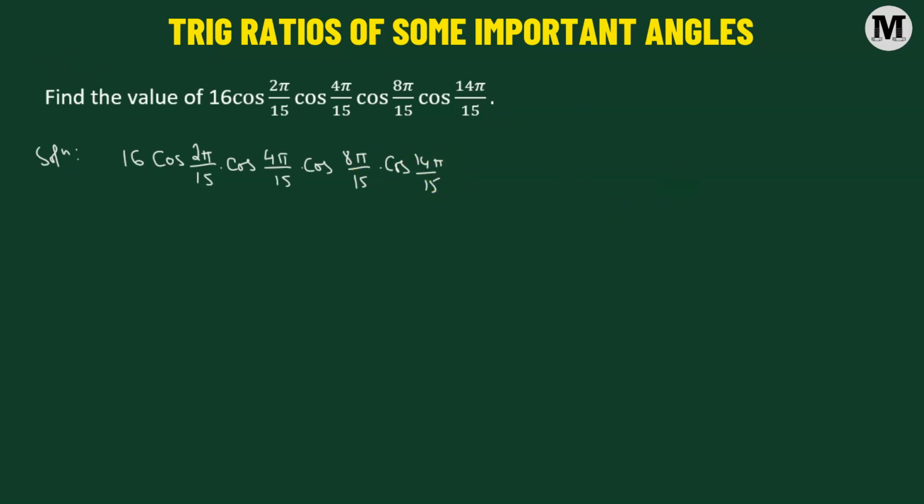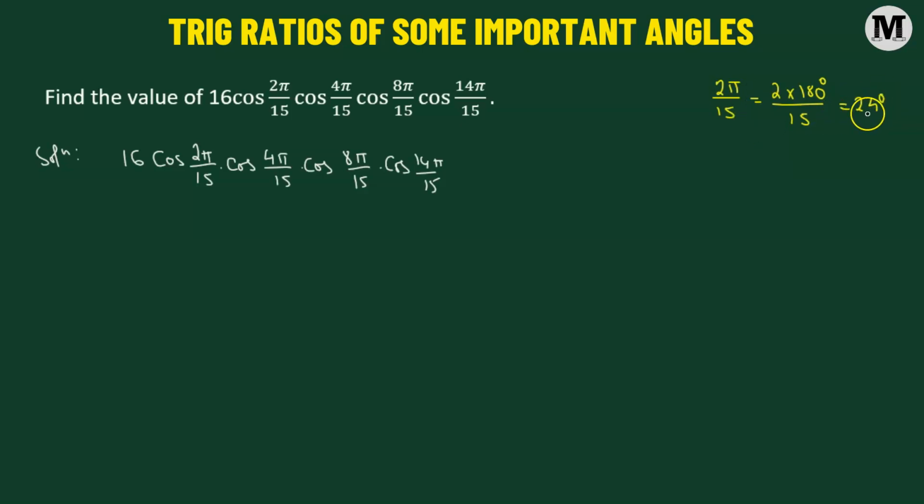Now what we'll do, we'll convert the radian measures to degree measures, and that will become easier for us to solve the problem. Let's start with 2 pi over 15. We'll replace the value of pi with 180 degrees. So 2 times 180 degrees divided by 15 gives us 24 degrees.